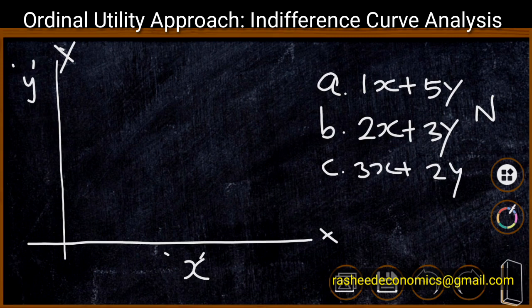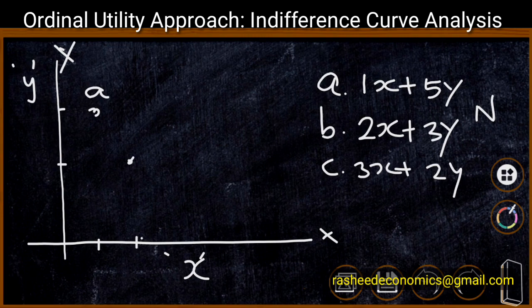Now we are going to plot these points in the diagram. We know that point A represents 1X and 5Y. We plot 1 on the x-axis and 5 on the y-axis, and we get point A. Similarly, we can plot point B, that is 2X plus 3Y.